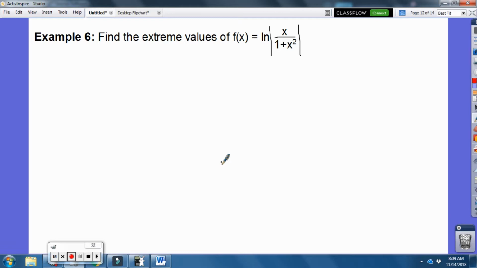So the first thing I want to do is find the derivative of f of x. And if you don't remember, the derivative of the natural log of u is u prime over u.